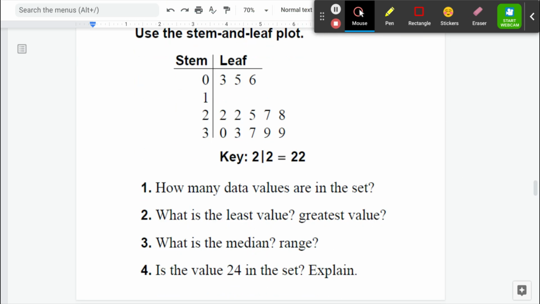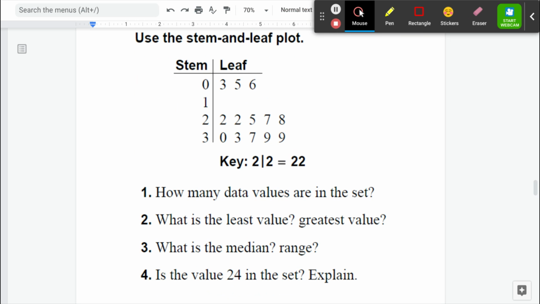Okay, so let's go ahead and look at using a stem and leaf plot. I have this stem and leaf plot here, and I can answer the questions based off this stem and leaf plot. So the first question says, how many data values are in the set?